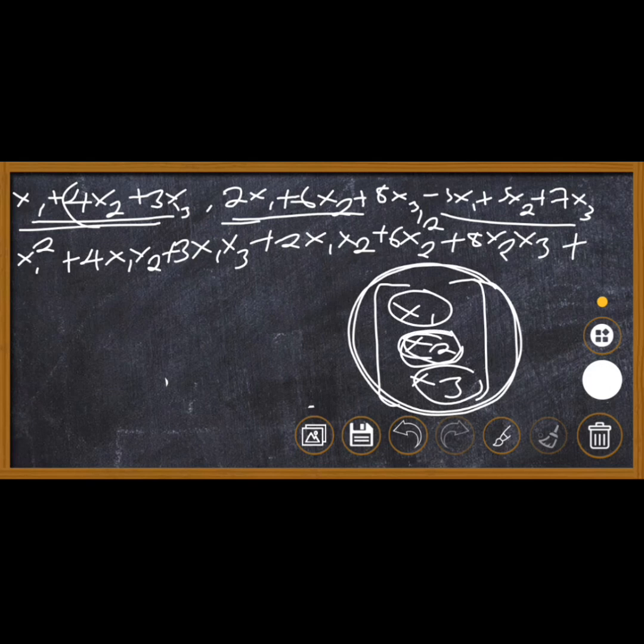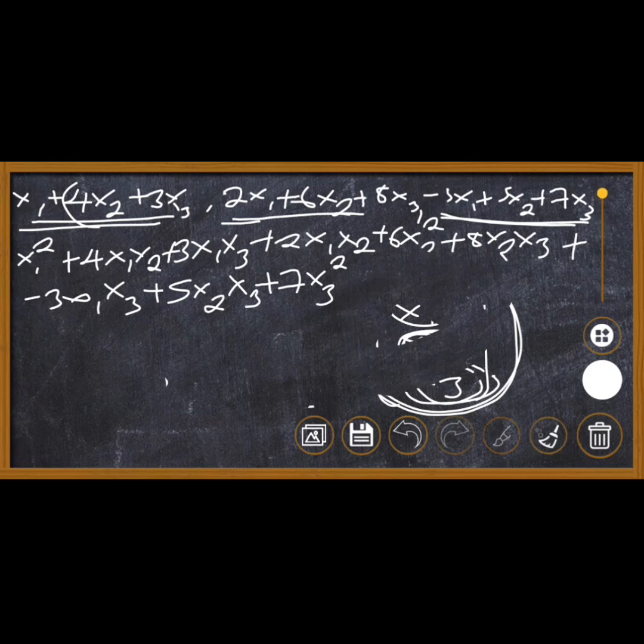We are done with this part, so we come to x3. So x3 multiplied by negative 3x1, we have negative 3x1 x3, plus 5x2 multiplied by x3, we have 5x2 x3, then we come to 7x3 multiplied by x3, we have 7x3 squared. So this is the quadratic equation that we have.